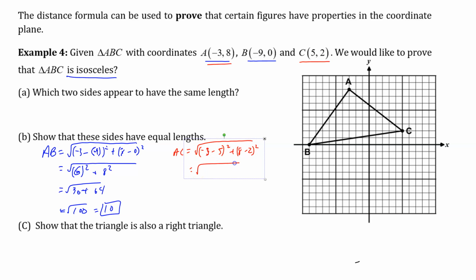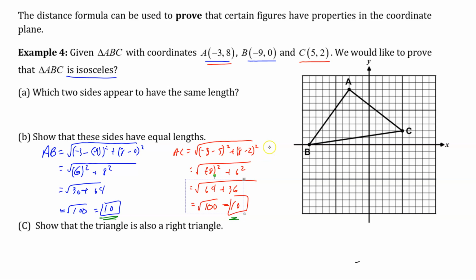So that's the square root of -3 minus 5, which is -8 squared, plus 6 squared. Any negative number squared is a positive, so 64 plus 36, that's the square root of 100 again, which is also 10. So we in fact now have these two answers. Both of them are 10.